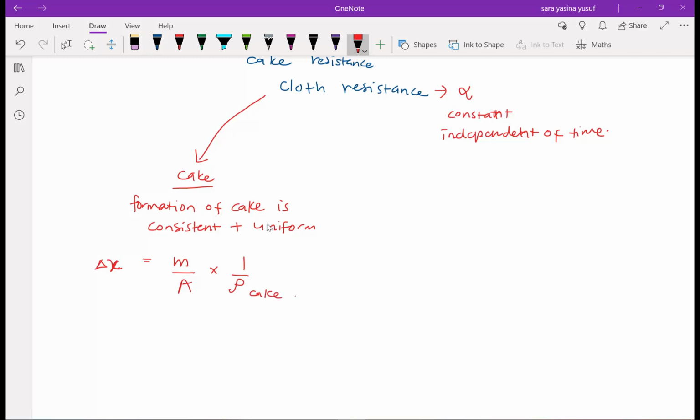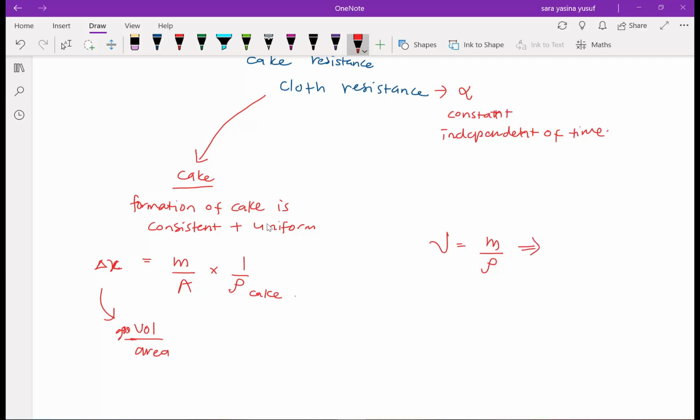Because delta x is the volume of gas passing through the cake per area. Gas volume per area, and volume is given by m over rho.